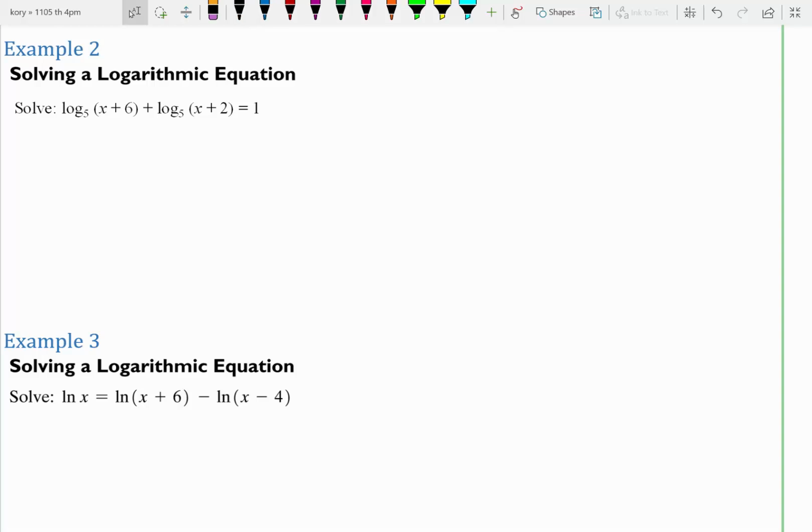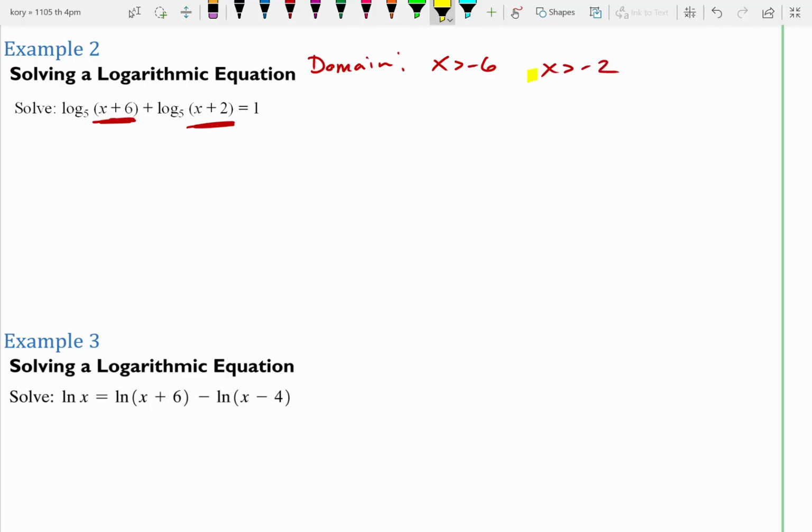Let's find the domain first, since that tells us what we can and cannot have for answers. What makes that 0? Negative 6. What makes this 0? Negative 2.